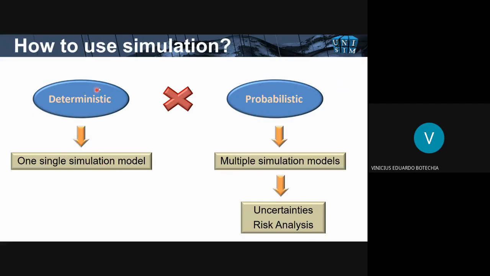But not necessarily are these made separately, right? Depending on the workflow, as I show in the closed loop process, some steps of your probabilistic approach can be made using a deterministic approach. It's quite confusing, but I will show some examples later. But what you need to know is that you have these two possibilities.